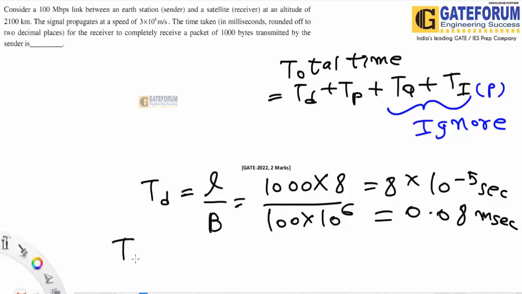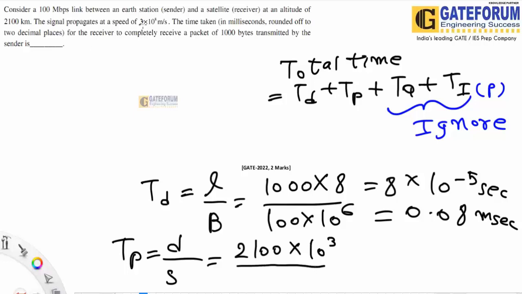Similarly, if you want to calculate the propagation delay, which is distance upon speed. The distance is given as an altitude of 2100 kilometers, into 10 to the power 3, which will be total meters. Why? Because the speed is also given in meters per second, 3 into 10 to the power 8 meters per second.